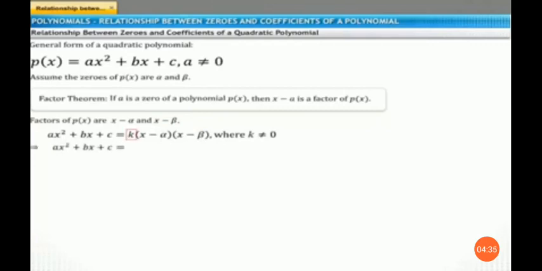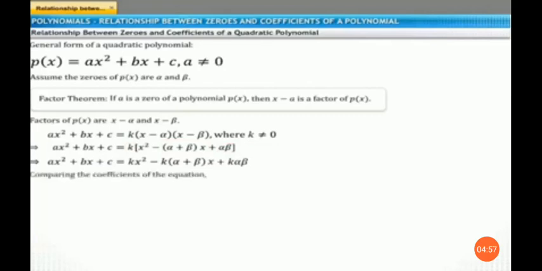Now we will solve the right hand side. After doing the multiplication, we get x square minus alpha plus beta x plus alpha beta, again multiplied by k. Till now you have understood? Okay. Now we will compare the coefficients of the equation.